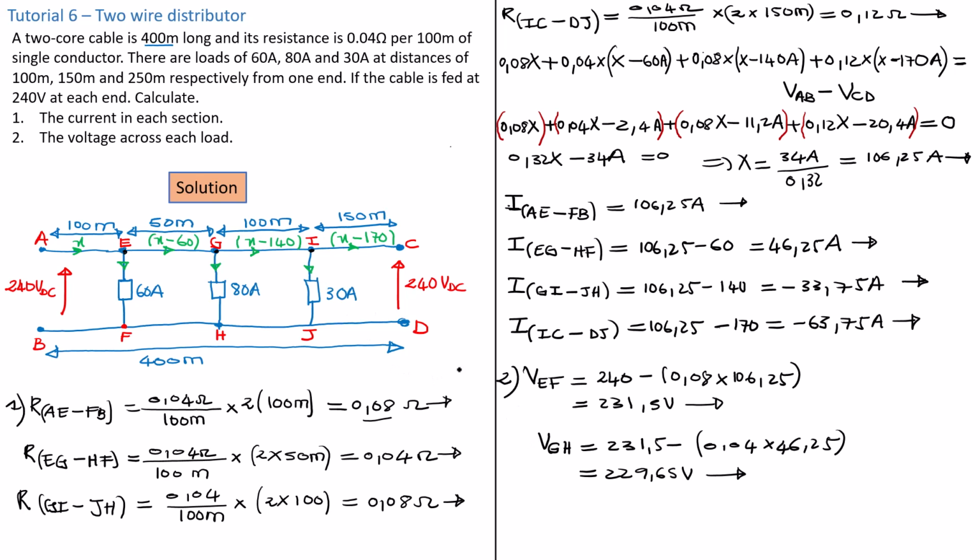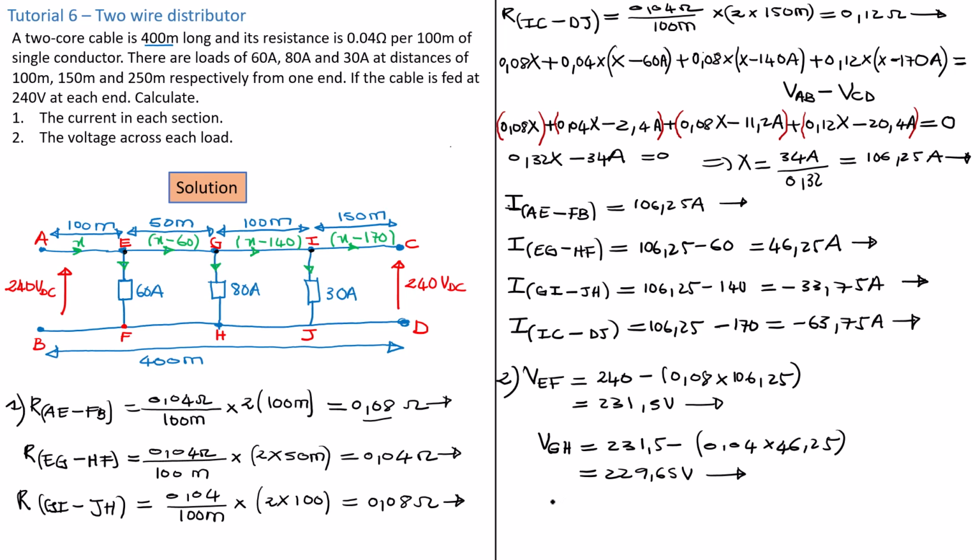We're first going to calculate the voltage across IJ by using the voltage across GH, which means we are flowing from AB to this end. Then we're also going to calculate the voltage across IJ by using the voltage at this input point here, 240 volts. And we will prove that it will be exactly the same value.